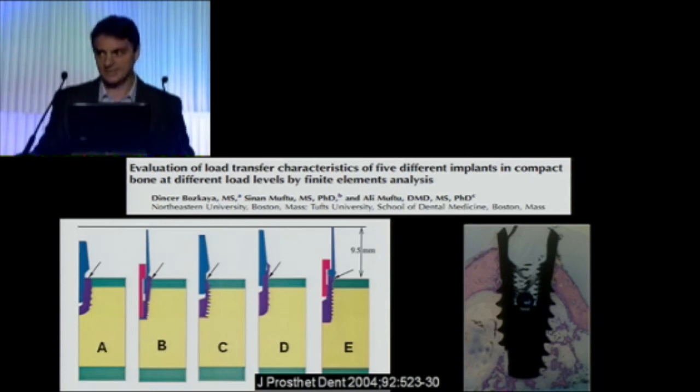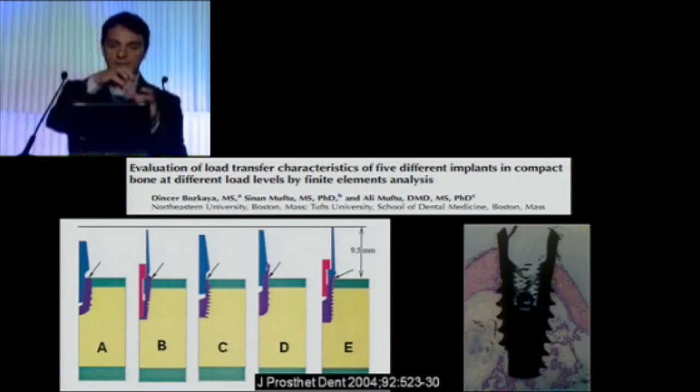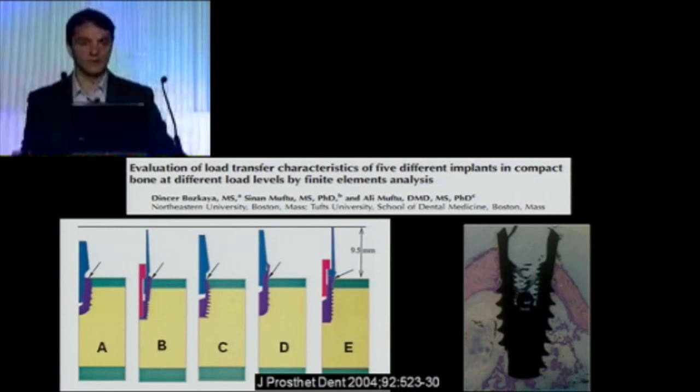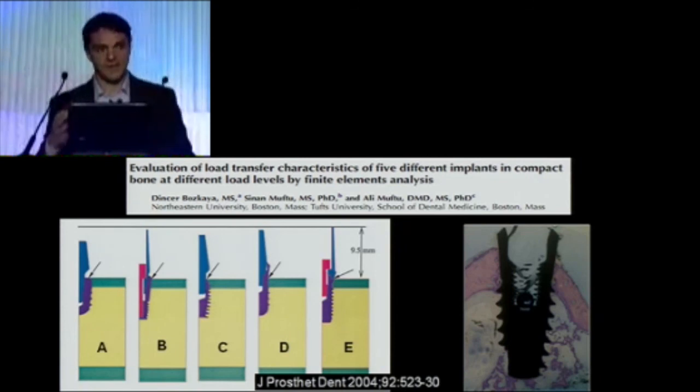In many cases, they have been designed just by engineering, looking at the strength of the connection, nothing else. That's why they are so different. Otherwise, there could be a uniformity in the design of this very important part of the implant.